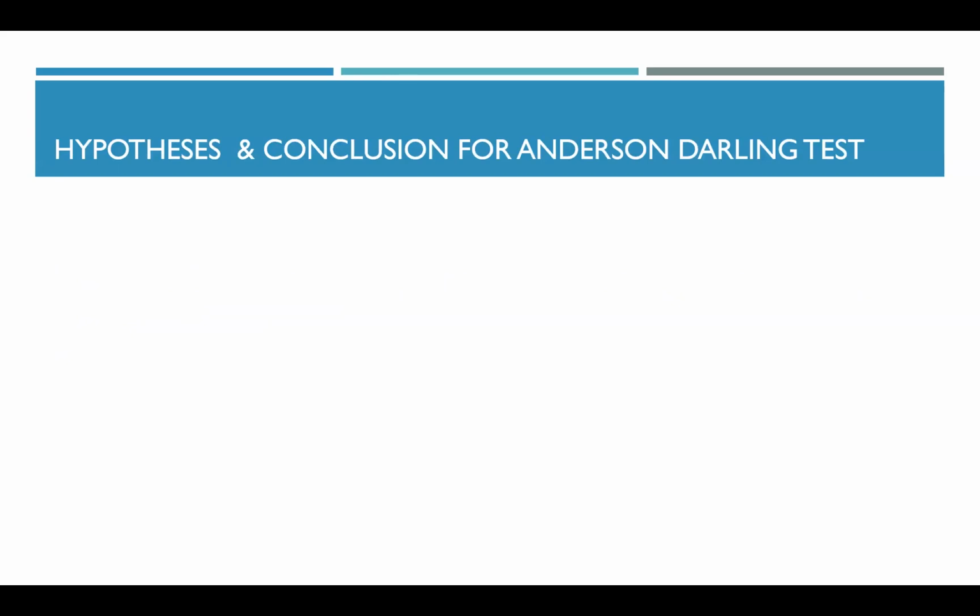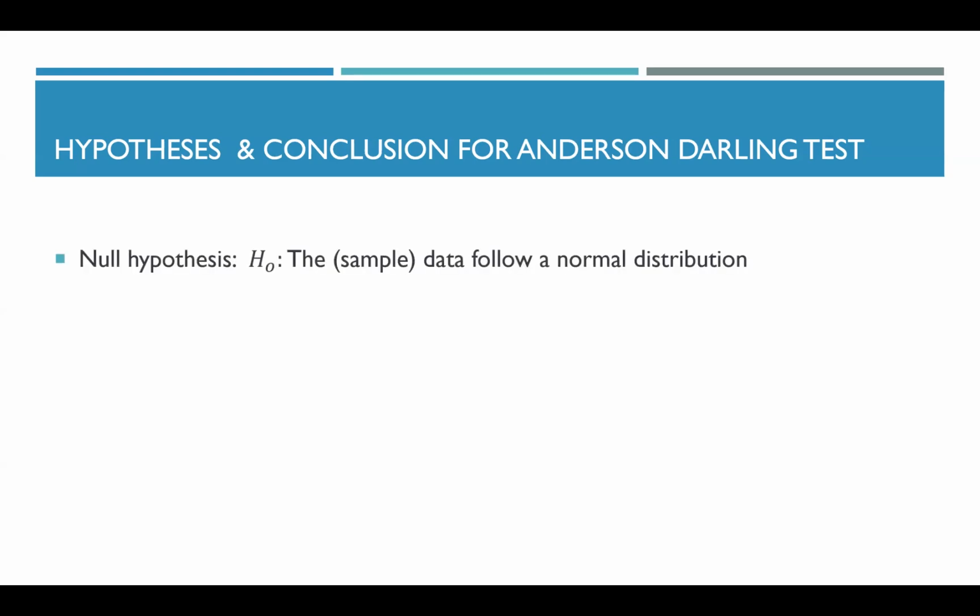Remember, we have to state our hypotheses. That's the first step in a hypothesis test. For the null hypothesis, there's a very specific way to state it for the test for normality. The null hypothesis will state that the sample or the variable follows a normal distribution. We would say the variable, whatever the variable is, and we'll write this out in a few minutes, follows a normal distribution.